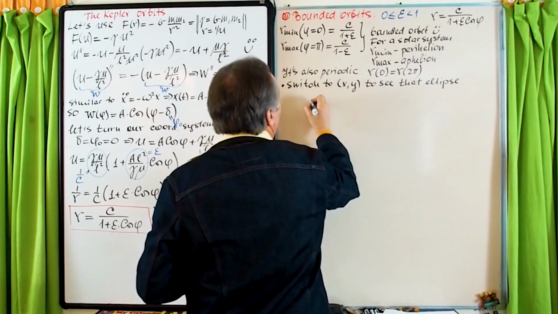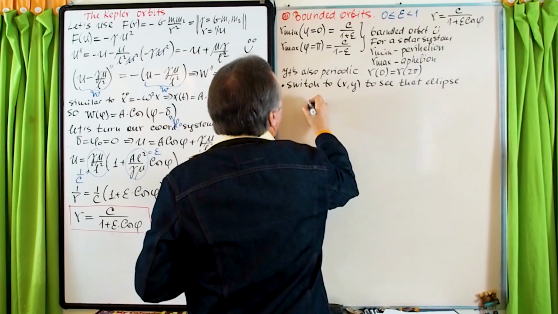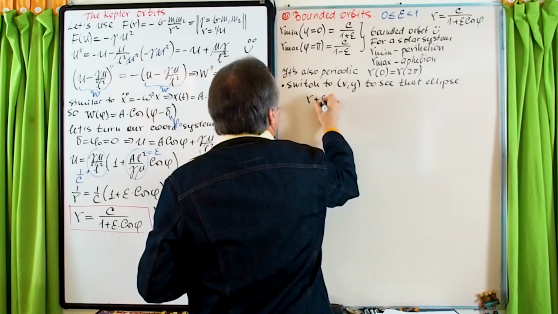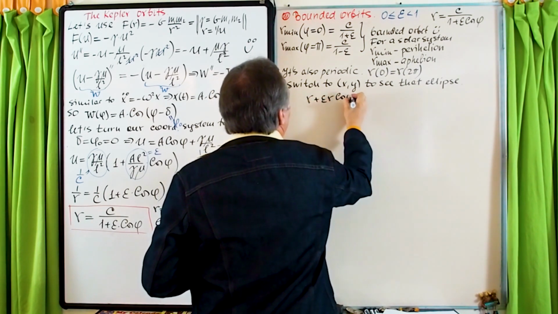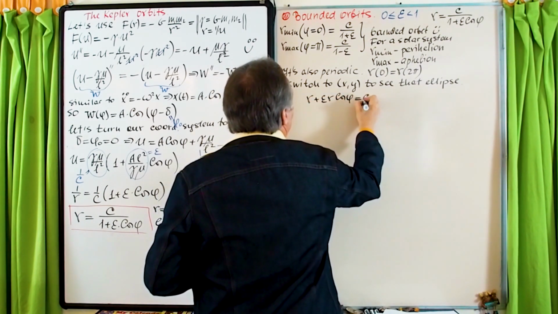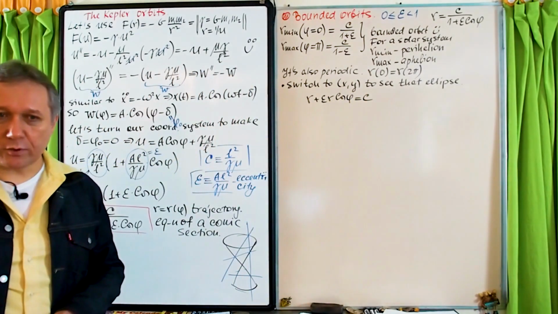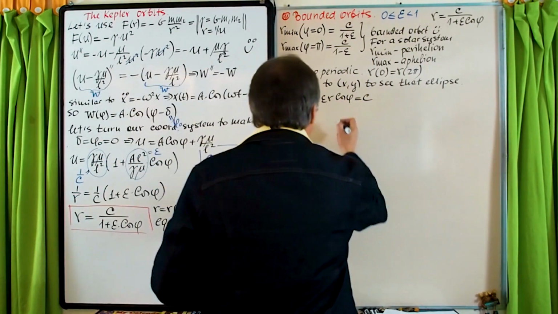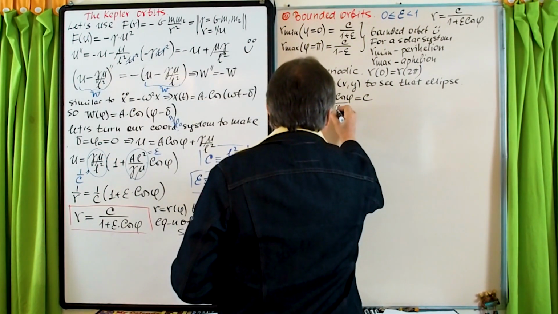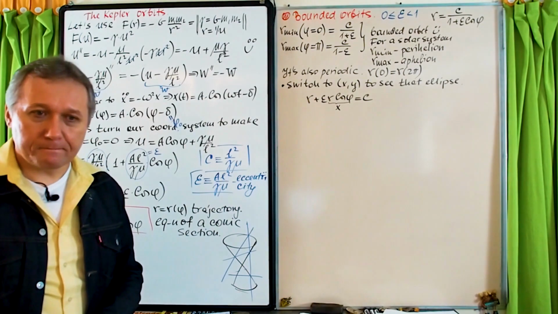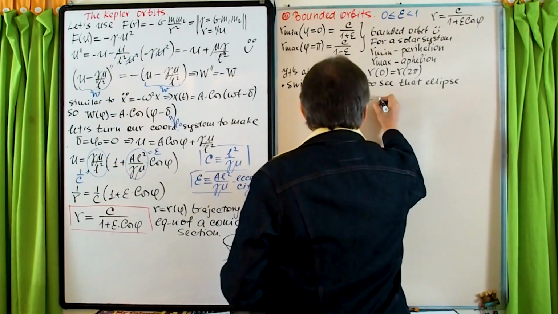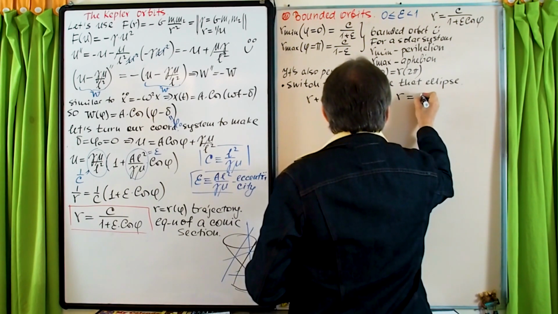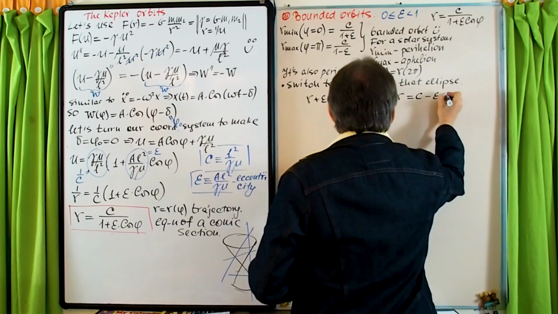I'm going to have r plus epsilon r cosine phi equals c. I just multiply numerator and denominator. And obviously, you see, this is x. So let me write it like this: r equals c minus epsilon x.